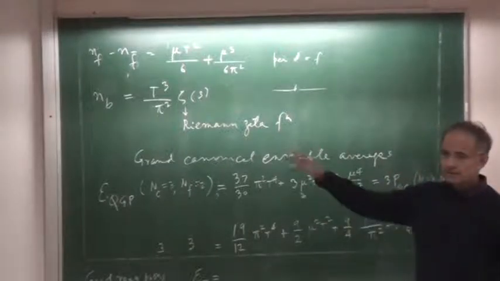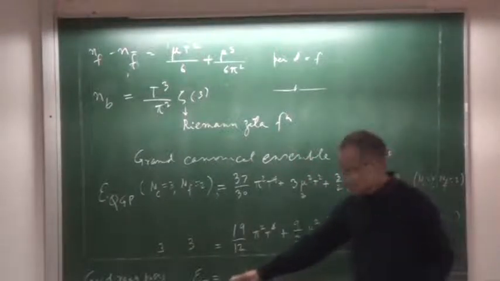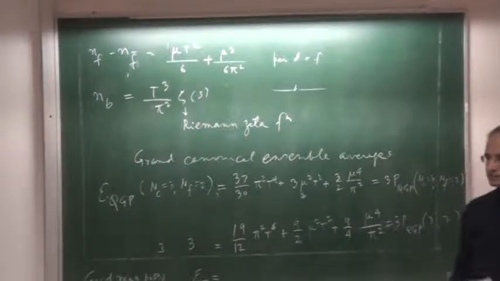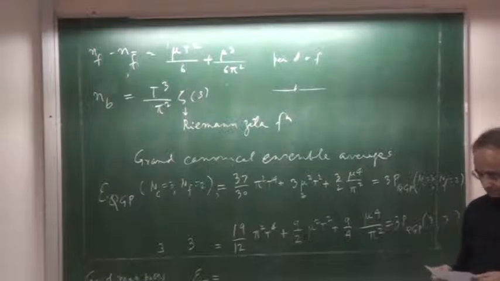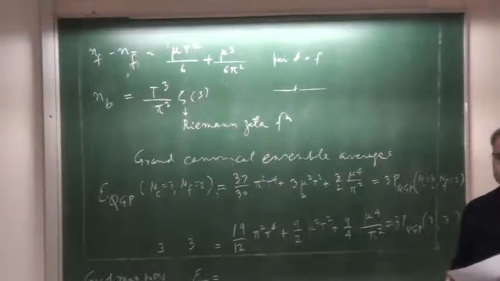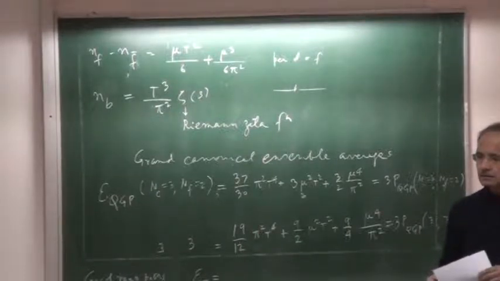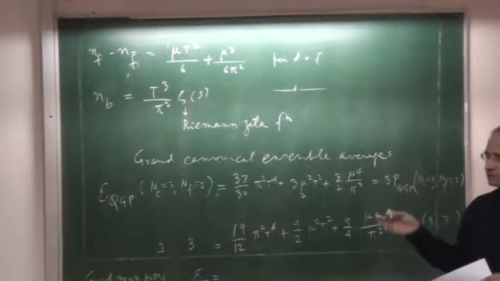You have all the expressions in front of you. Tell me what will be the energy density of the pion gas. Is a pion a boson or a fermion? It's a boson. So which of these expressions will you use?